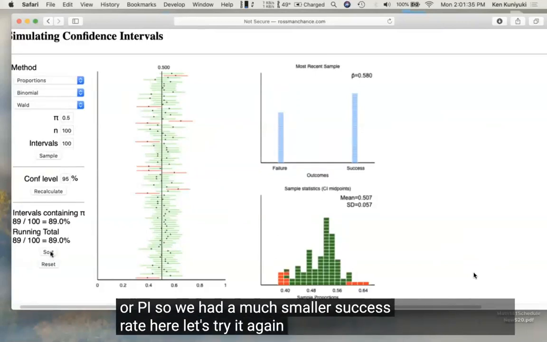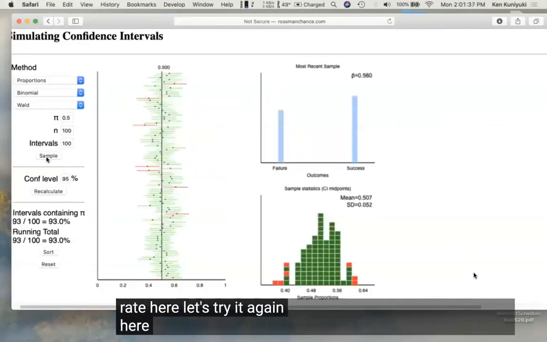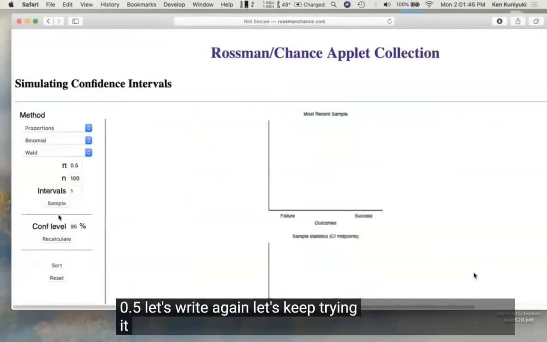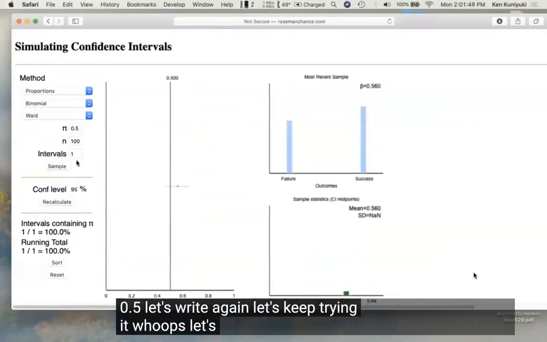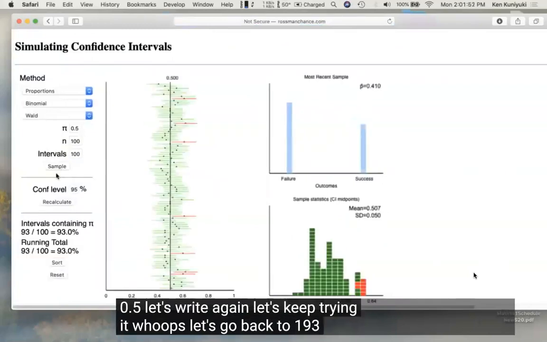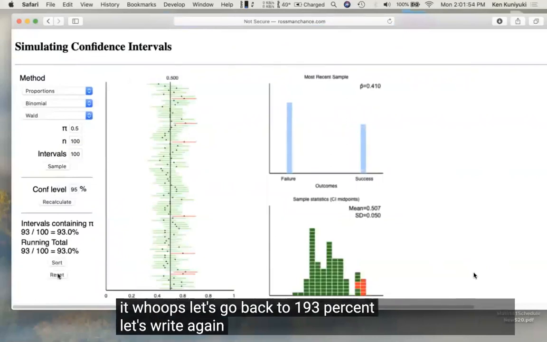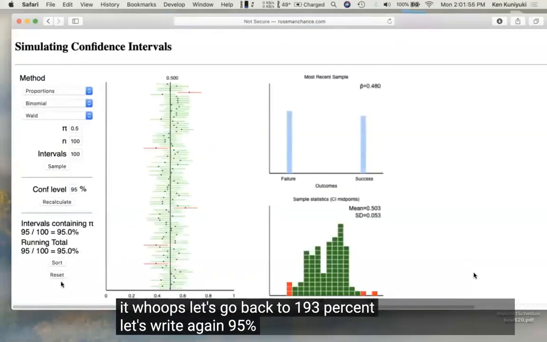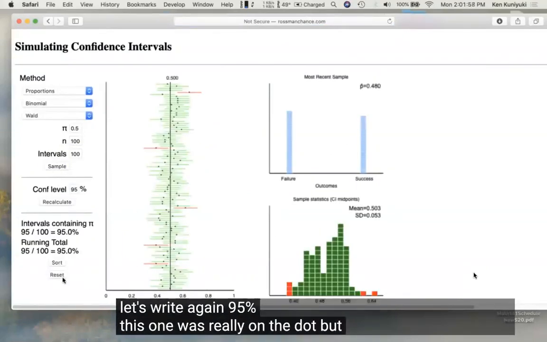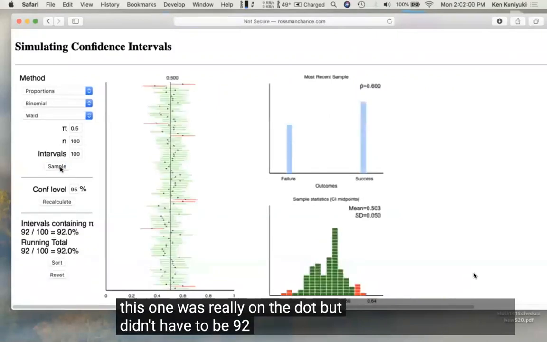Let's try it again. Here, 93% of these CIs contained 0.5. Let's keep trying it. Oops, let's go back to 100. 93%, let's try it again. 95%, okay, so this one was really on the dot, but it didn't have to be. 92%.